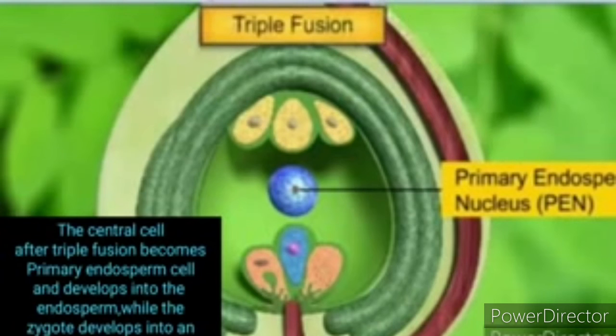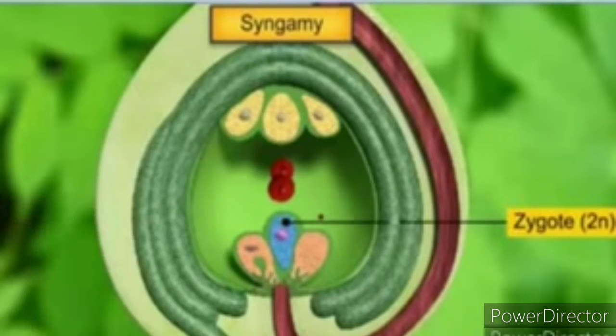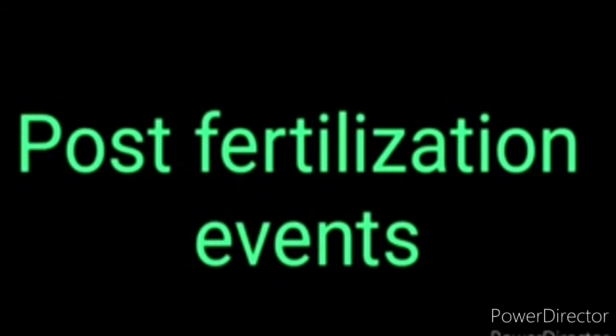It's a common process in the flowering plants. The central cell after the triple fusion becomes the primary endosperm cell and develops into the endosperm, while the zygote develops into an embryo. Today we are going to discuss the third sexual reproduction event, that is post-fertilization.